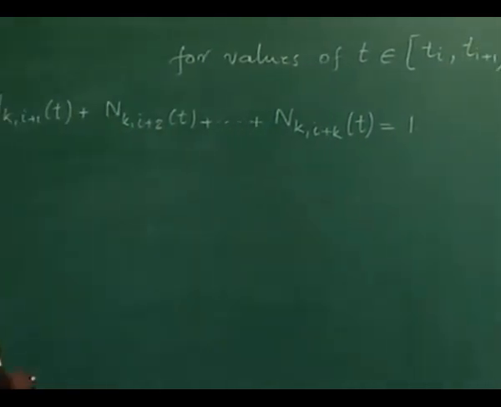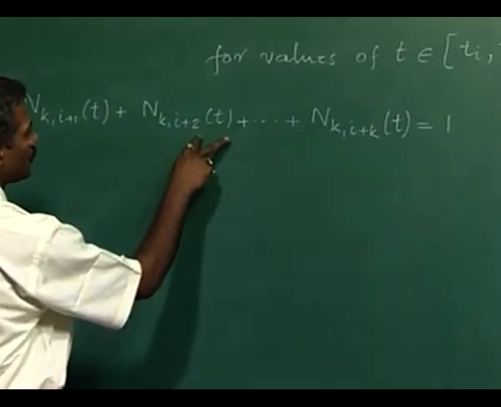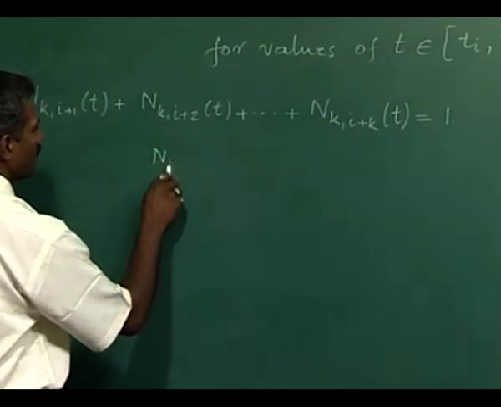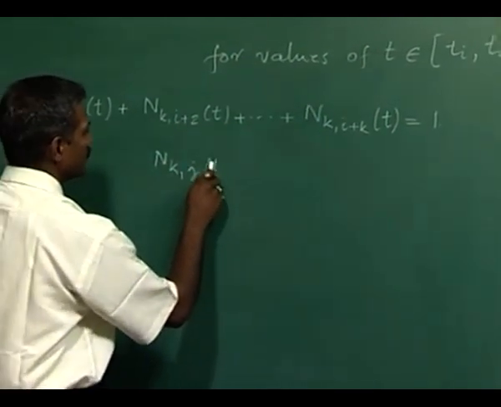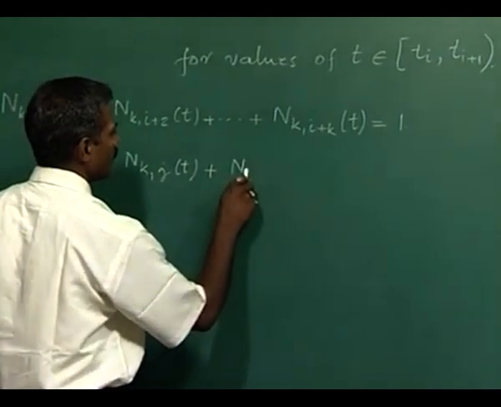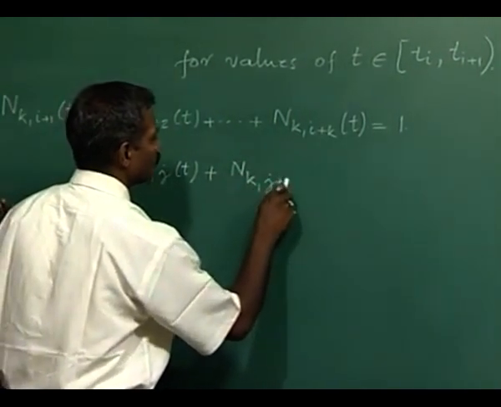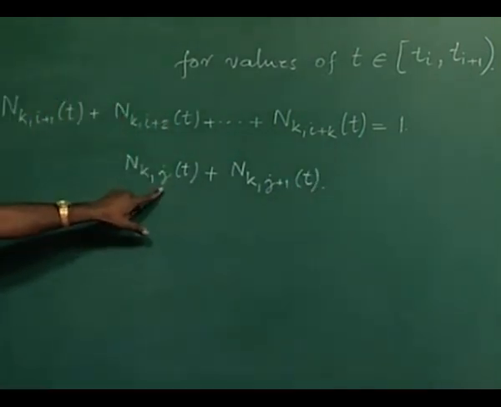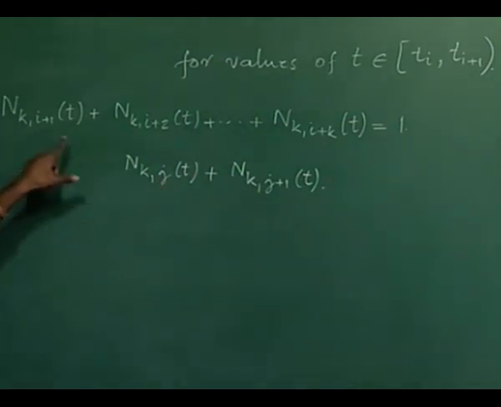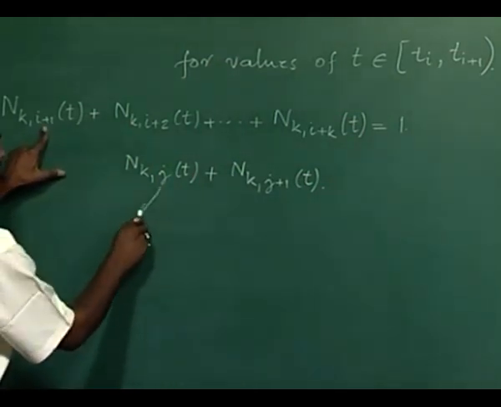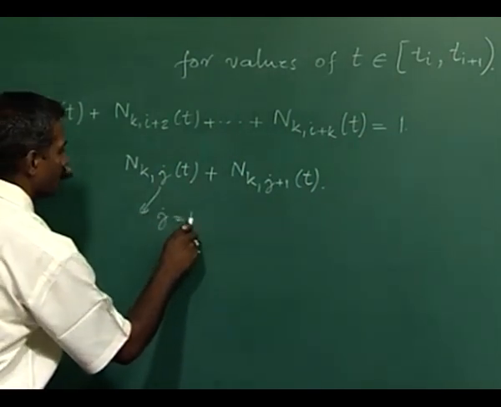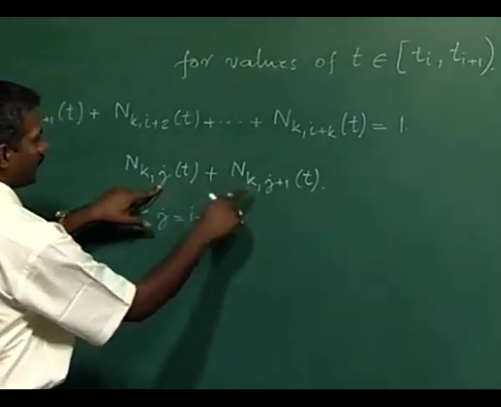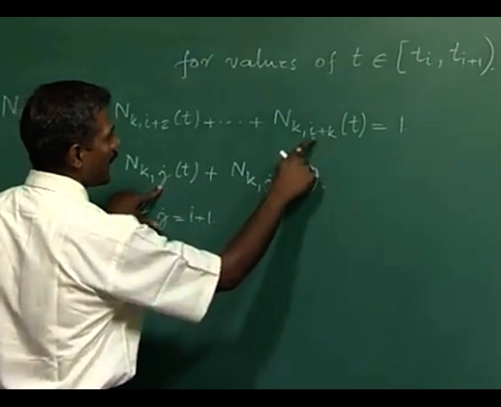What we'll try to do is we'll first try to add two consecutive B-spline basis functions, which are N k j of t and N k j plus 1 of t. Now if you notice, index j starts from I plus 1, and index j plus 1 would end at I plus k.